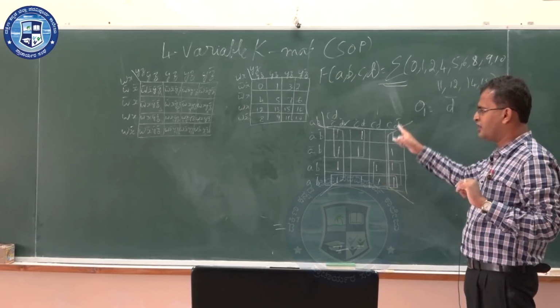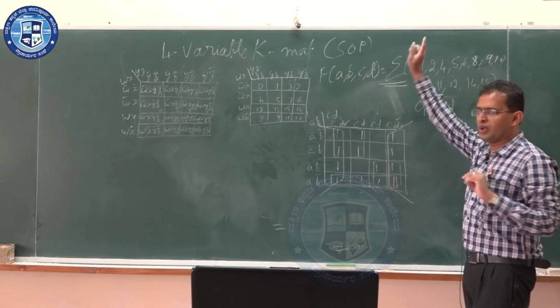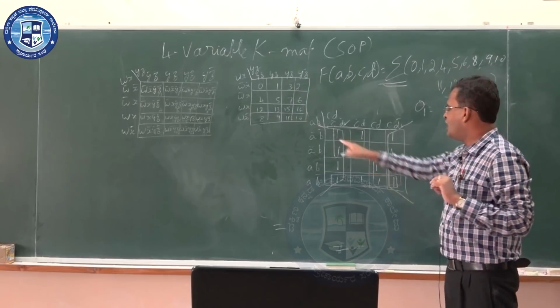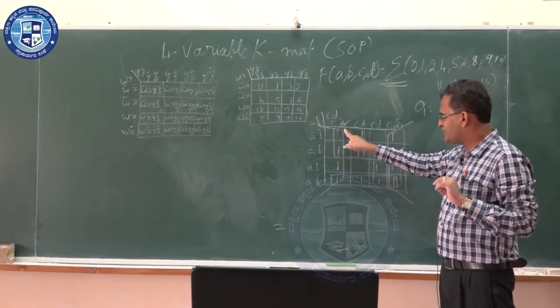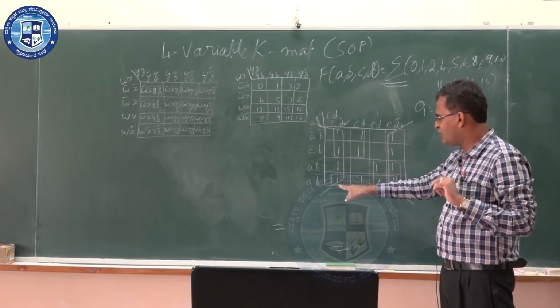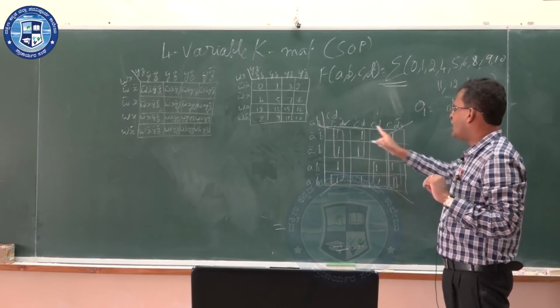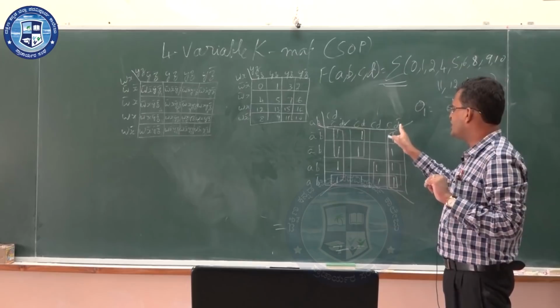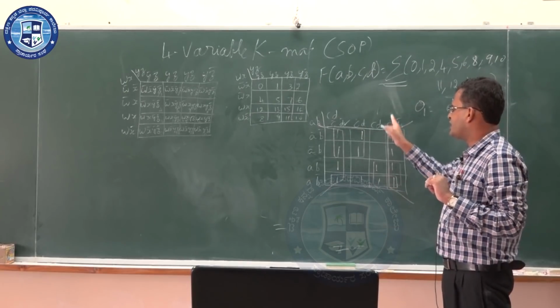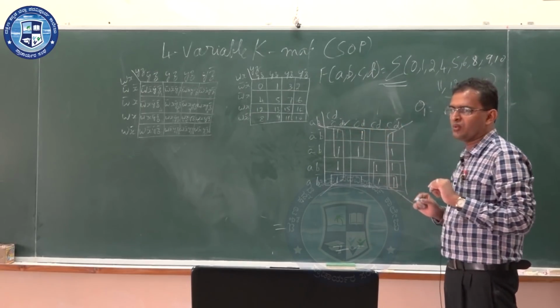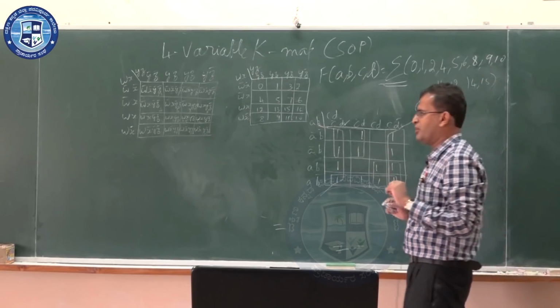I have not written all the terms, I am telling you again how I got D bar. I saw C bar D bar and C D bar; D bar is common. I took out the common term, that is D bar, and the term that changed will be equal to 1 by applying the complementary law.